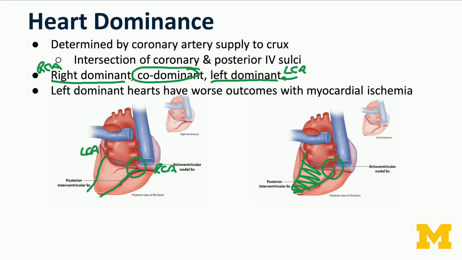Those that are codominant will have blood flow from both LCA and RCA, and they would have collateral blood flow and even more of an advantage in those cases. So heart dominance is determined entirely by blood supply to the crux of the heart, and there are advantages in terms of myocardial ischemia to being either right or codominant, and there is a disadvantage to being left dominant.